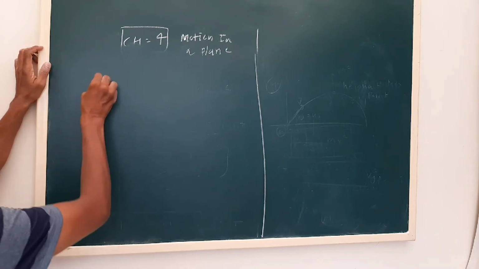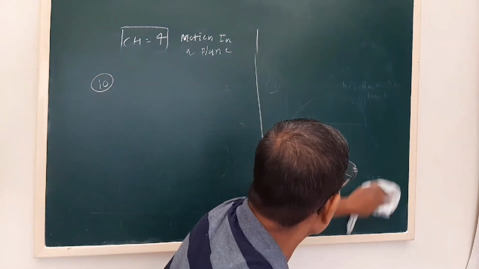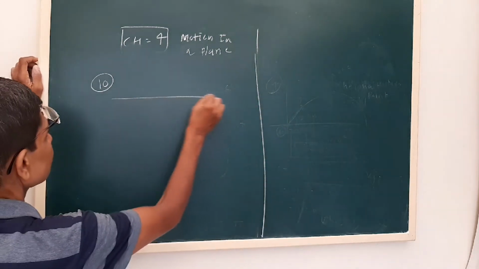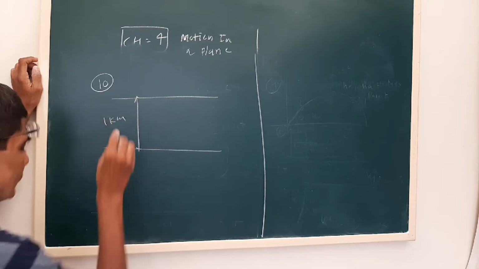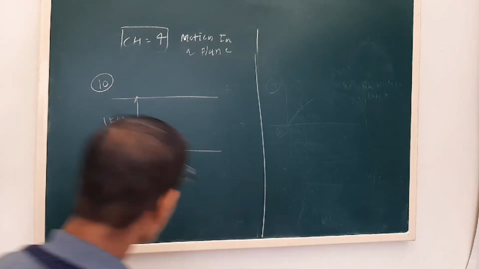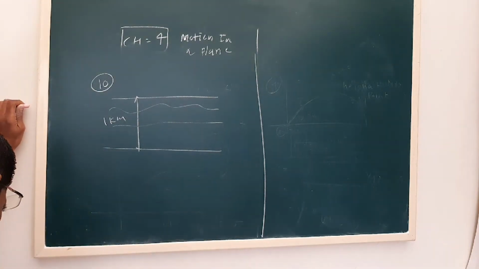The velocity of a boat in still water, in a river of width 1 kilometer, the river flowing like this.